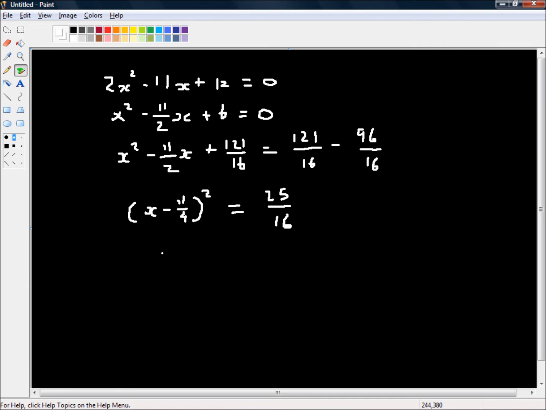So if we square root both sides, I've got x minus 11 over 4 is equal to plus or minus the square root of 25 over 16. Well, the square root of 25 is 5 and the square root of 16 is 4.